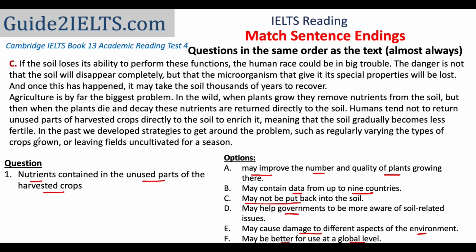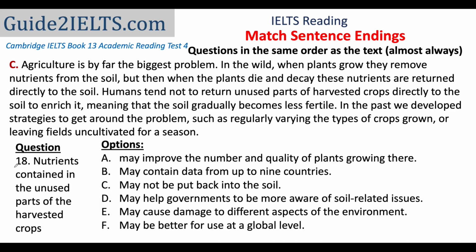From the question, I keep nutrients, unused parts, and harvested crops in mind, and I start scanning section C of the passage. So here I see unused parts of harvested crops mentioned, and nutrients are mentioned in the sentence before that. Now that I have the tentative location, I'll read this part of the passage closely.